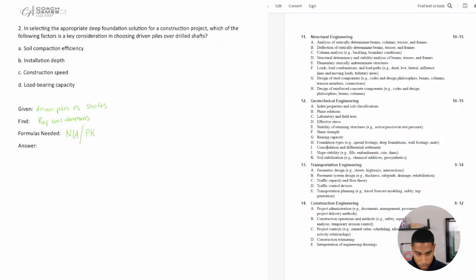Also, the installation speed of driven piles is relatively fast. So if you have a tight schedule and your soil conditions aren't that great, driving piles would be great because it doesn't take a long time.